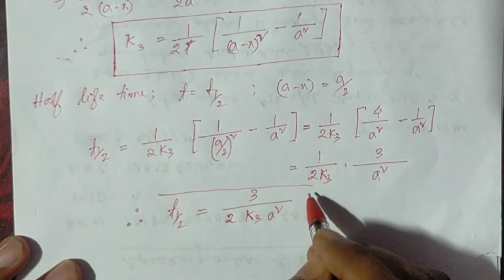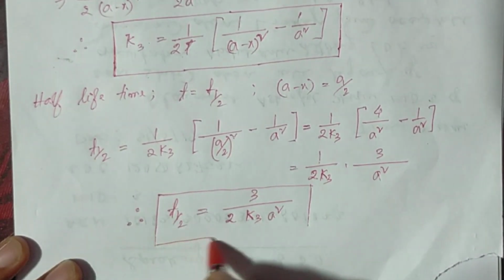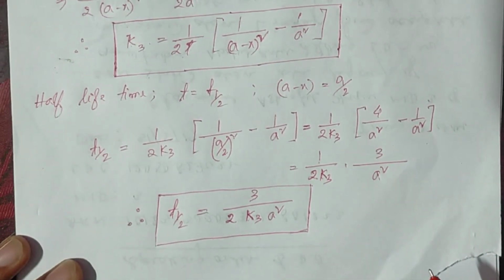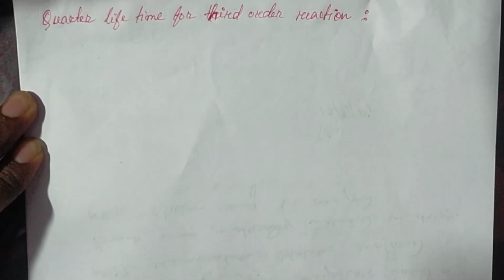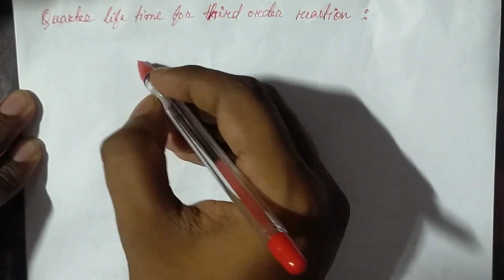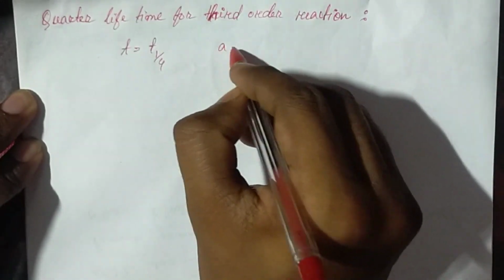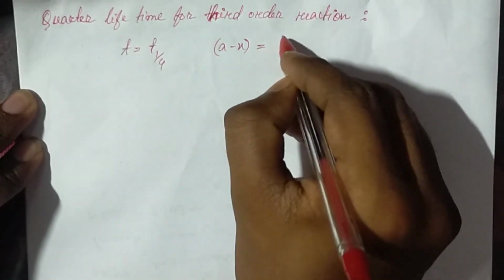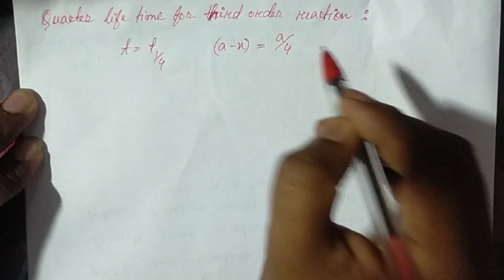So this is the final equation for half-life time. Now if we discuss the quarter lifetime for a third order reaction, here the time will be t 1 by 4, and a minus x will be equal to a by 4.